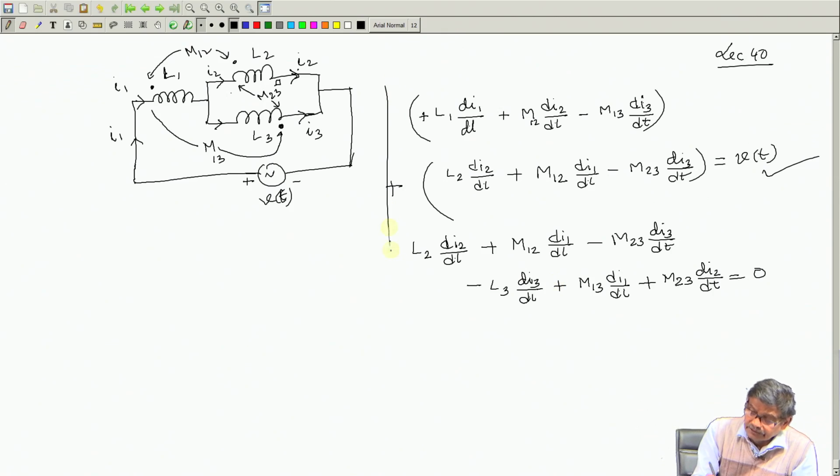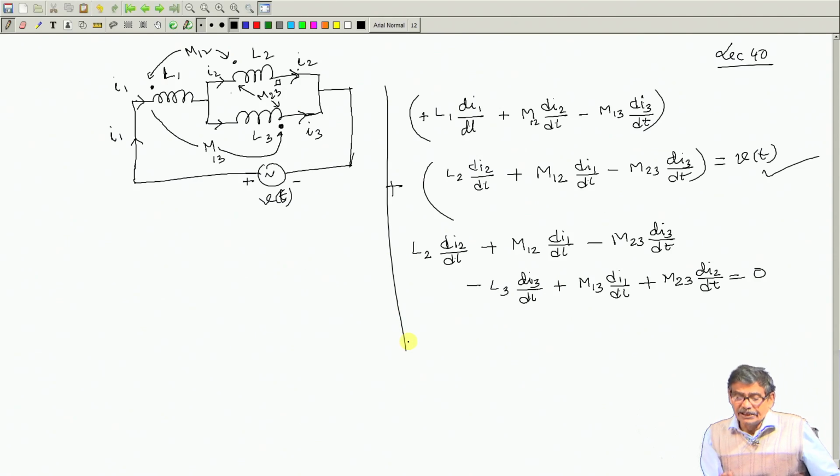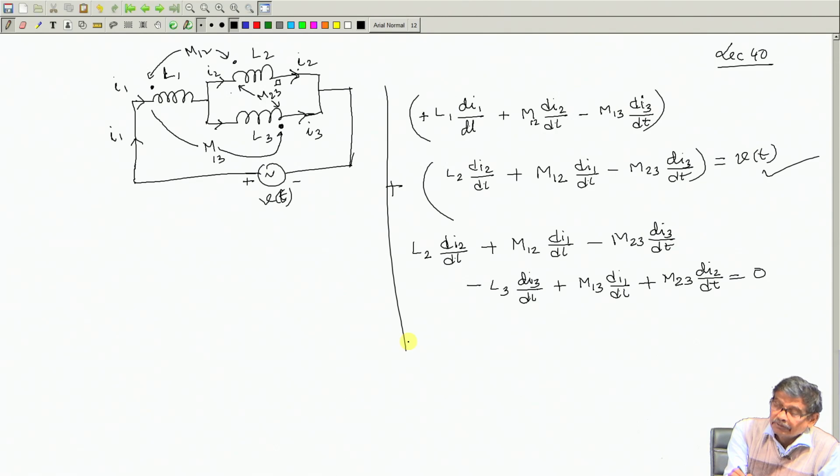Or another way of writing it, you always pretend that current is entering through dot, then no confusion. For example, in this one current is entering through dot is I2. So, L2 in this loop I am writing. So, L2 dI2 dt, this side plus this side minus. Through this dot current is entering I1.